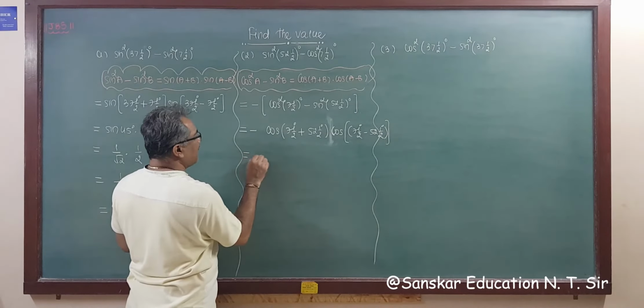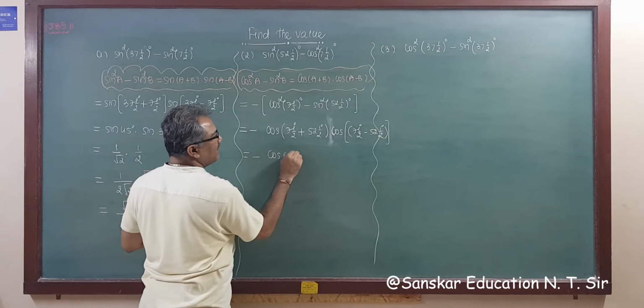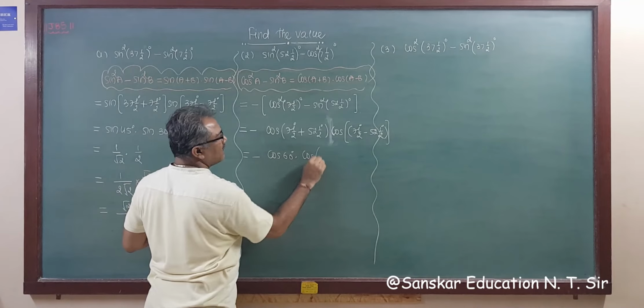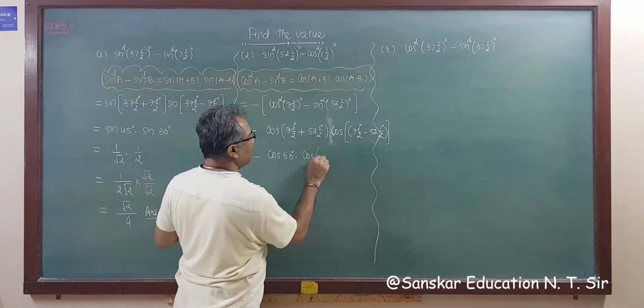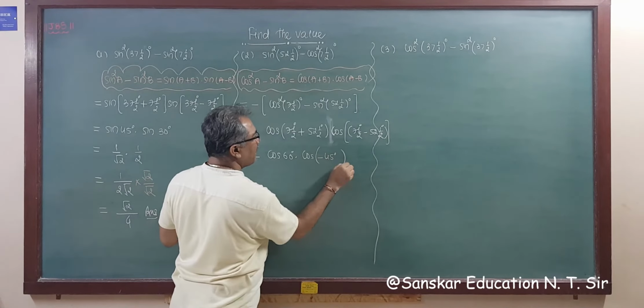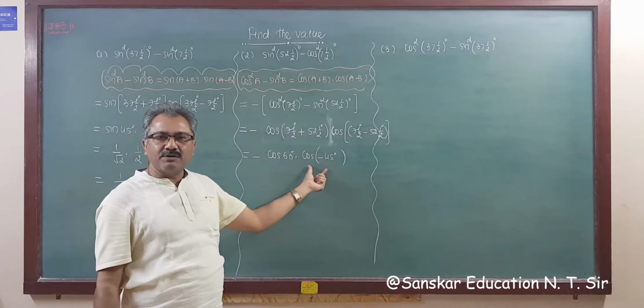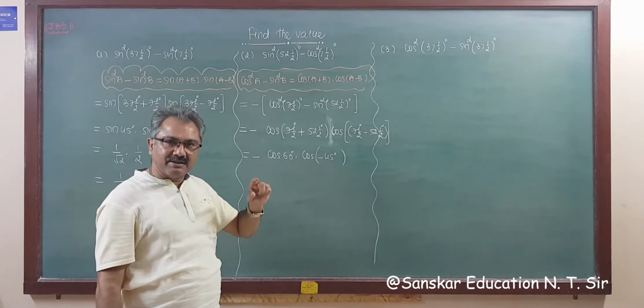So the answer is minus cos 60 degree into cos of minus 45 degree. Now, is cos an even function or an odd function? Even function. So cos minus theta is cos theta.